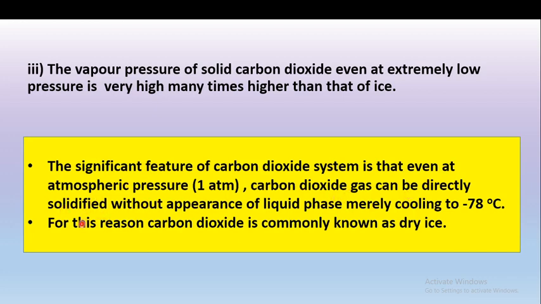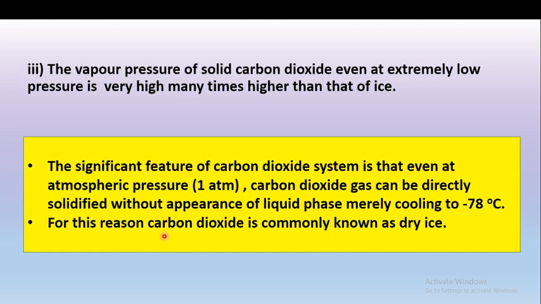We know that for conversion of gas into solid, it would normally have to pass through the liquid phase, but here it is directly solidified by merely cooling to minus 78 degrees Celsius. If we cool carbon dioxide to minus 78 degrees Celsius, the gas is directly converted into solid carbon dioxide. And for this reason, carbon dioxide is commonly known as dry ice.